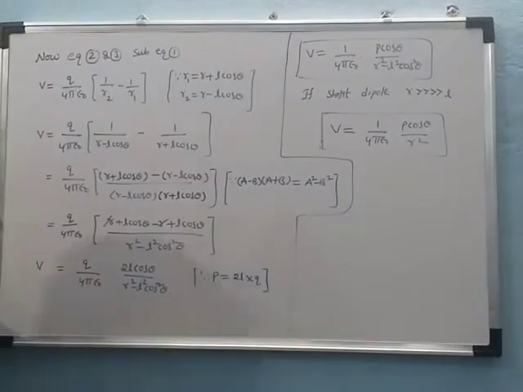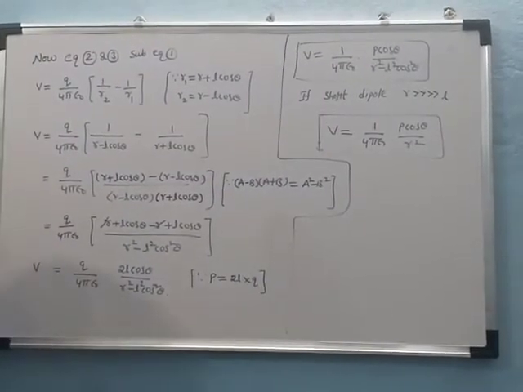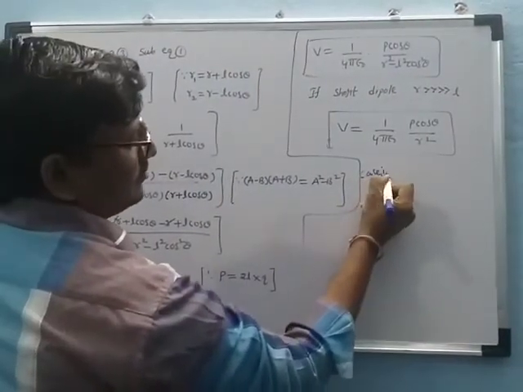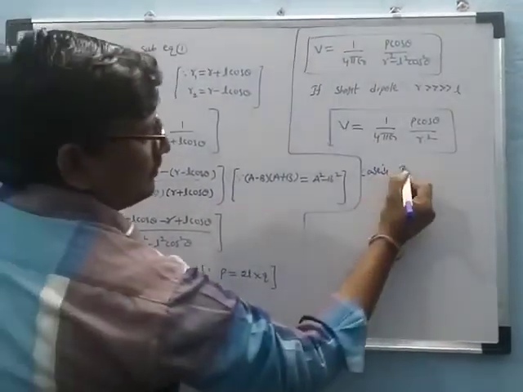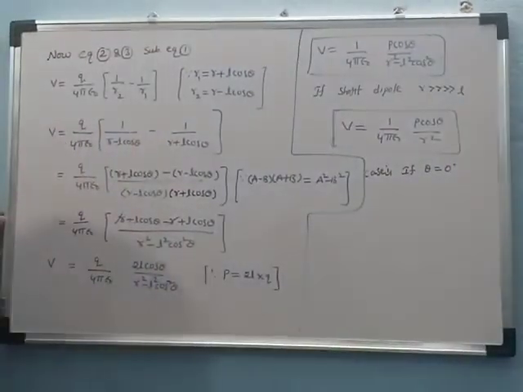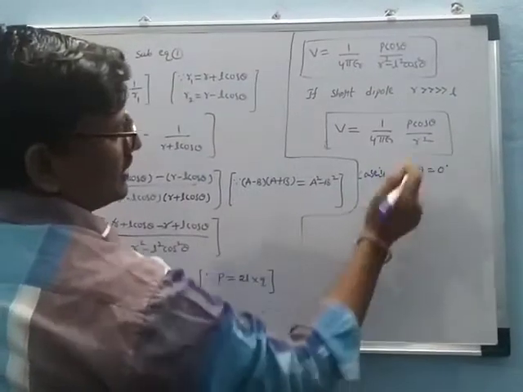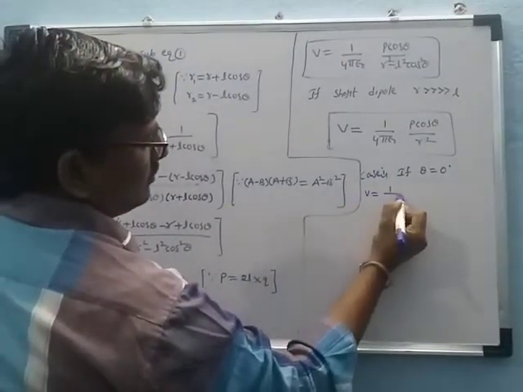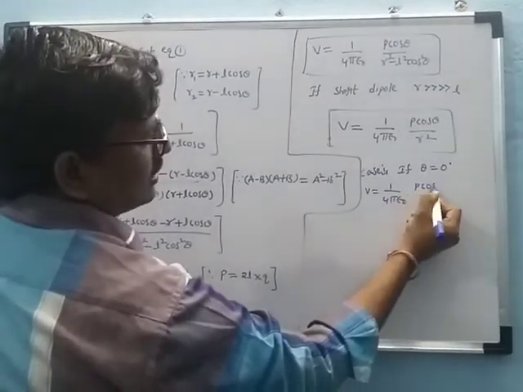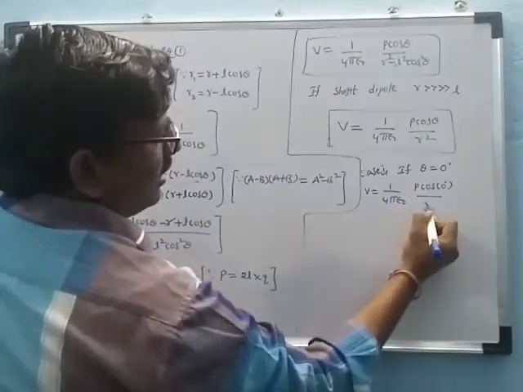Now we have two special cases. Case 1: if theta is equal to 0 degrees, then V is equal to 1 by 4 pi epsilon naught P into cos 0 by R square.